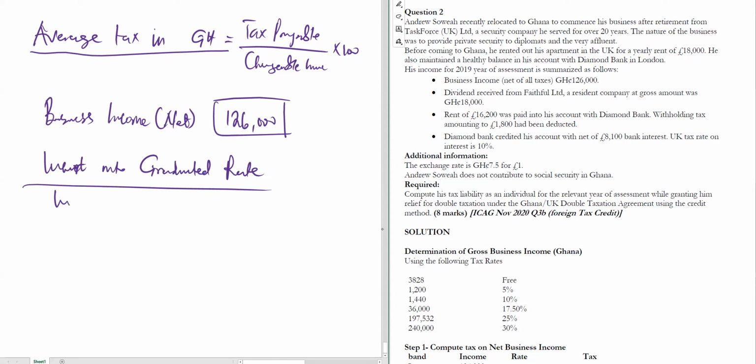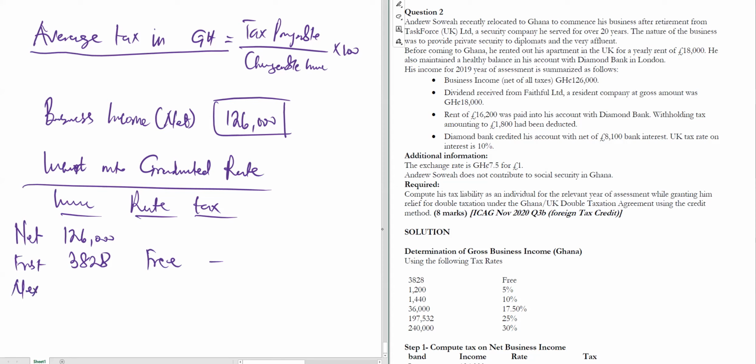So in that case, income tax rate. The net income was how much? 126,000, right? Okay, so we take the first 3,828, which is free. Then we take the next 1,002 at 10%, giving us 120.